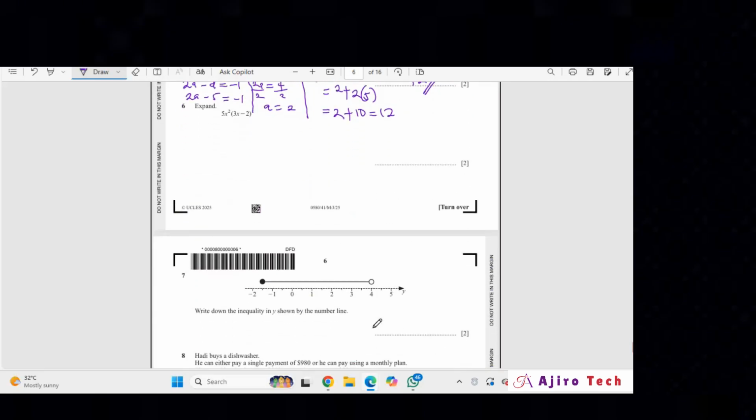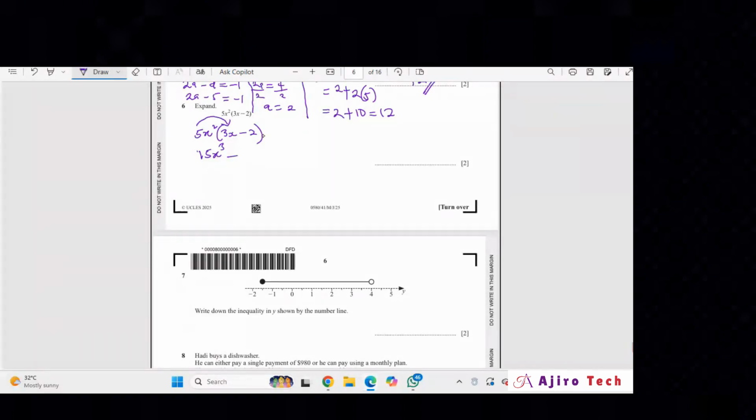Now this is question 6 here. Question 6 says we have to expand 5s squared open bracket 3s minus 2. Let's expand the bracket. That means this is going to multiply this. That will be 15s cubed, because s squared times s is s cubed.